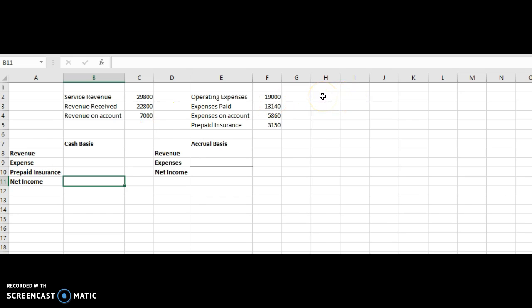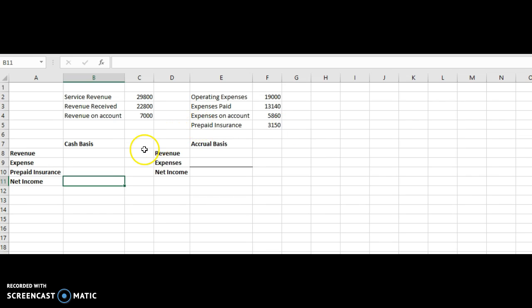And then for expenses, operating expenses of $19,000, $13,140 were paid in cash, and then $5,860 was still owed. And then it also includes that $3,150 for the prepaid insurance was paid this year for the second year of operations.